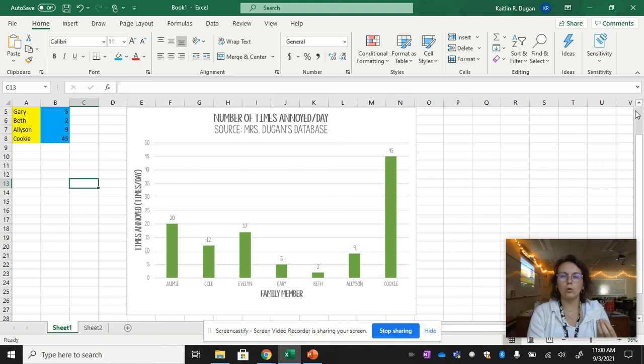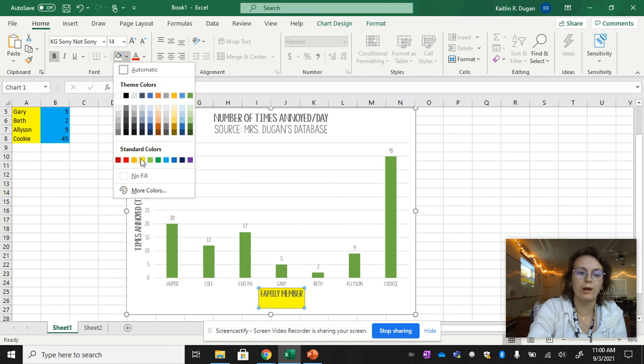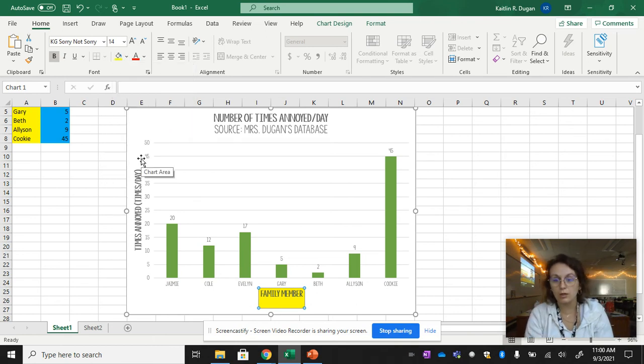What do we have control over? What can we change? We can change the independent variable. So the x-axis is always going to be the independent variable. I'm going to highlight that in yellow so we always remember that the x-axis is the independent variable.